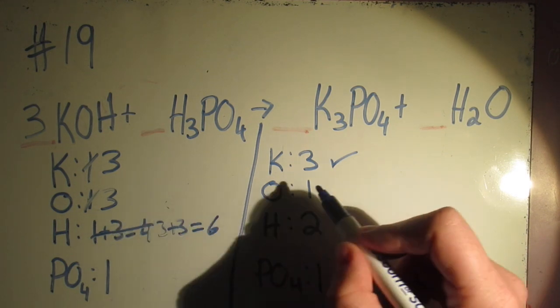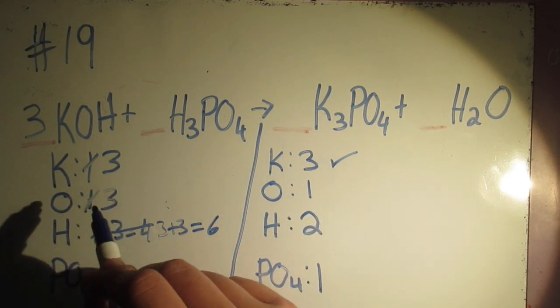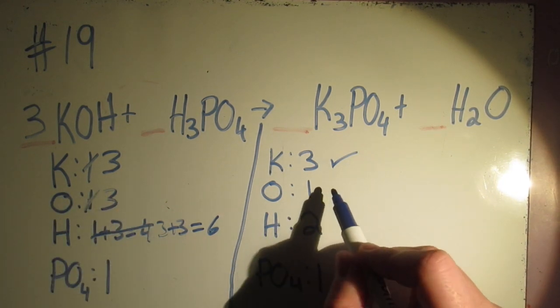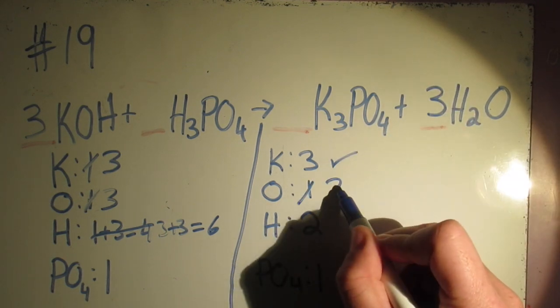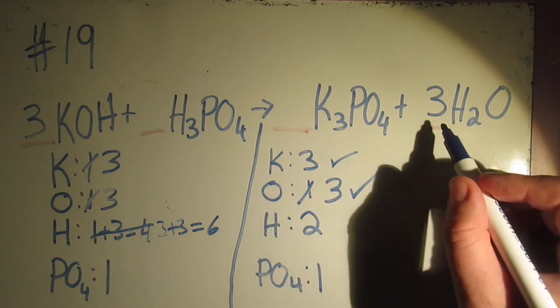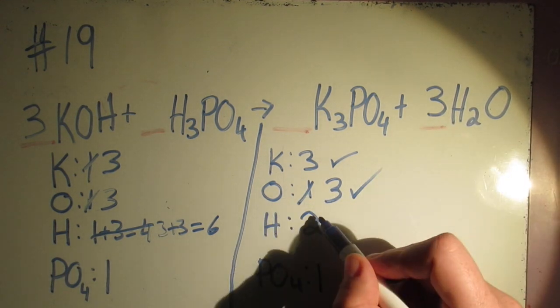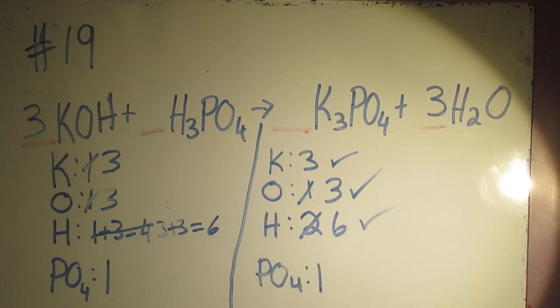Okay, so let's go over here, oxygen. I have 3 on the left for the reactants, so I need 3 over in the products, so I'm going to put a 3 up here. So that becomes 3, and those are matched. And now don't forget 3 times 2 for the hydrogen, so that becomes 6. Oh, nice, that's what we wanted. And PO4 stays as 1. We don't have to change that, so that would be our balanced reaction.